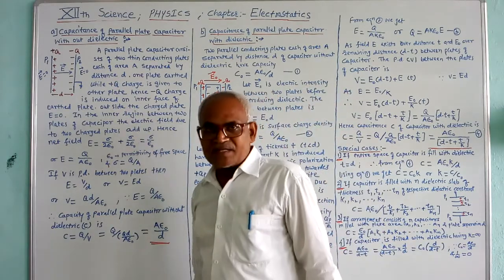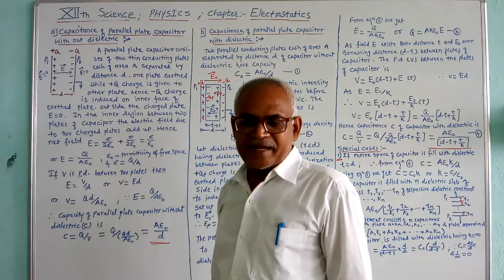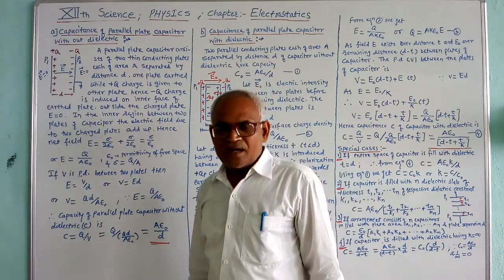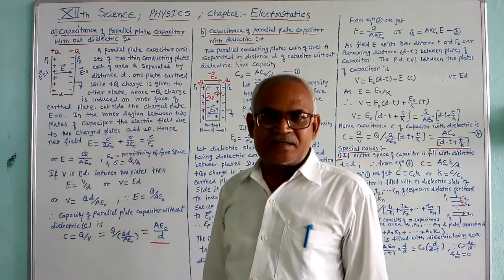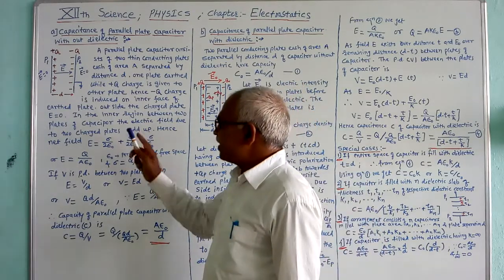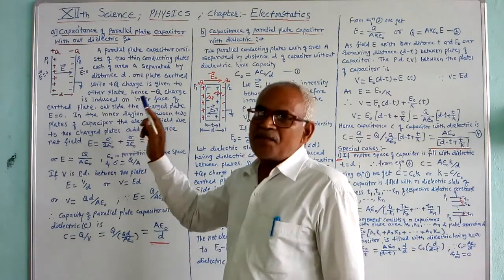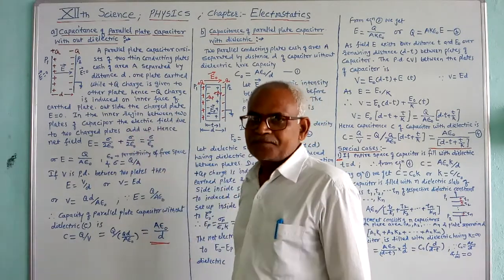Now, as we have seen in one application of Gauss law, the electric intensity due to a charged infinite plane sheet is equal to sigma upon 2 epsilon 0.